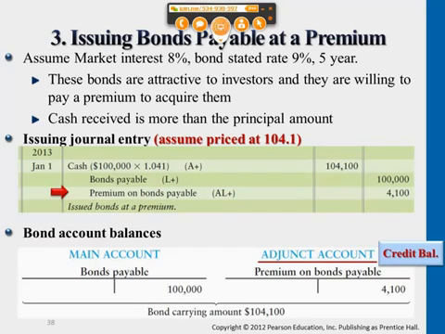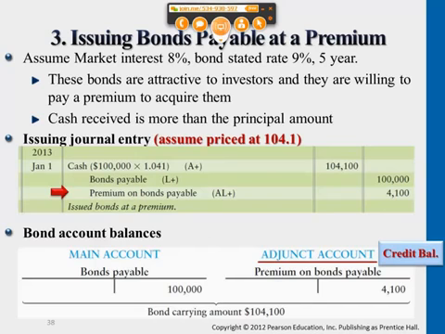So they will be raising capital at a dollar amount above the face value. In this example, we assume the bond is issued at 1.041. It could be any price as long as it's above 1; that is considered issuing a bond at a premium.